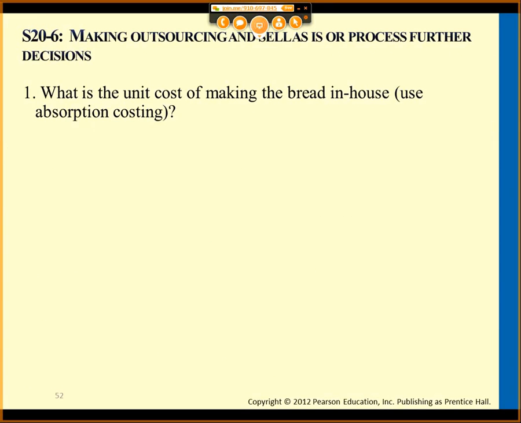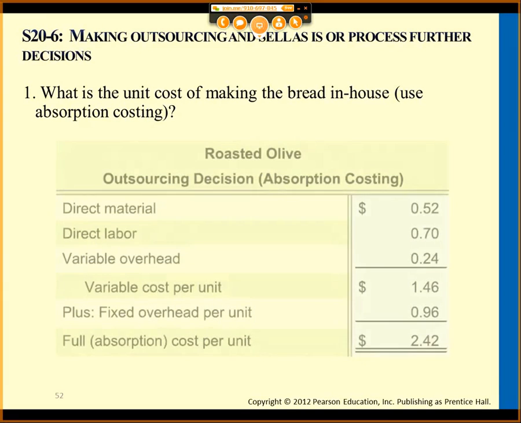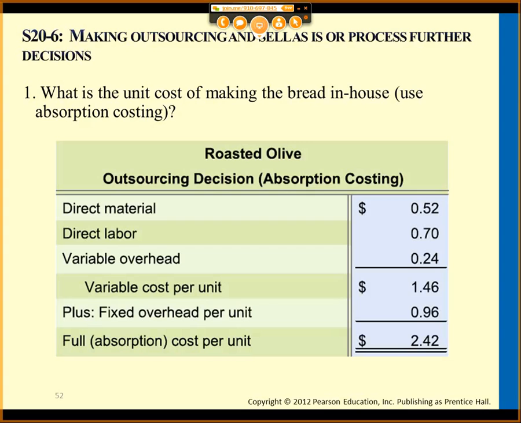What you did, you took direct materials, direct labor, and you added all of that to variable overhead, and then you added fixed overhead per unit, and that's how you got your cost per unit. So it's 242.